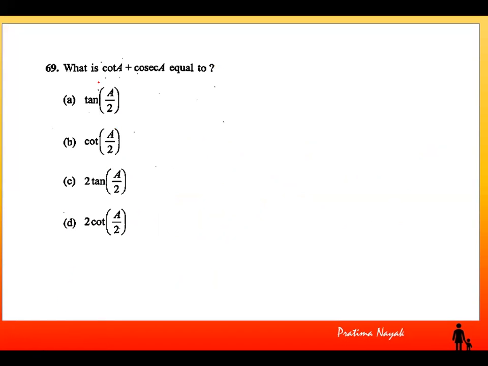Next, 69. What is cot A plus cosec A equal to? Again, we have to convert this to half angle. The answers are tan A by 2, cot A by 2, 2 tan A by 2, 2 cot A by 2. Cot A plus cosec A, so we will convert into sin cos. Cot A is equal to cos A by sin A plus cosec A is equal to 1 by sin A. Now simplify.